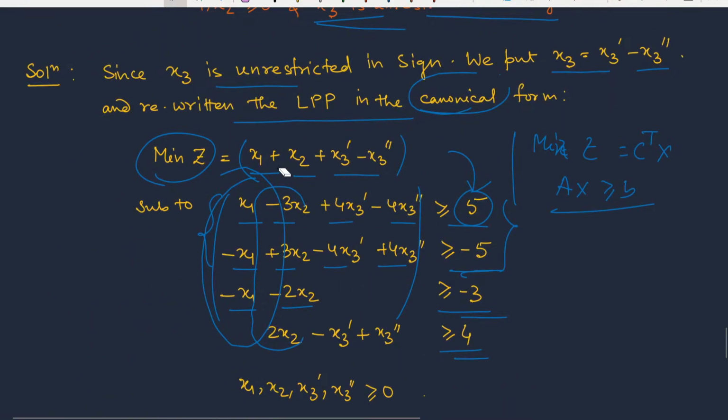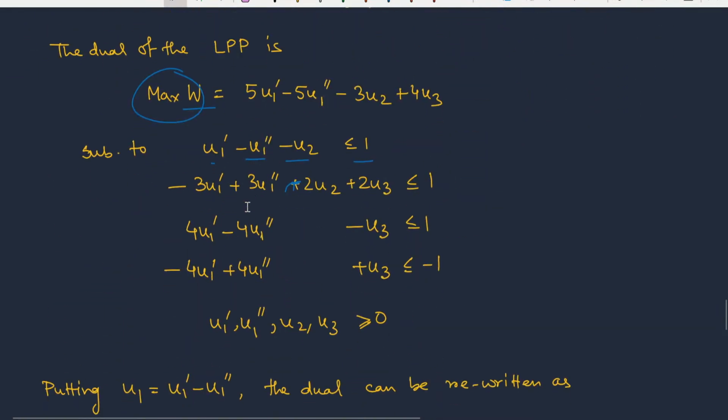Here we get the coefficients 1, 1, 1 and minus 1. This is the cost vector of the primal problem, and these are the requirement vector. And the last one is minus 4u1 prime plus 4u1 double prime plus u3 less equal to minus 1.